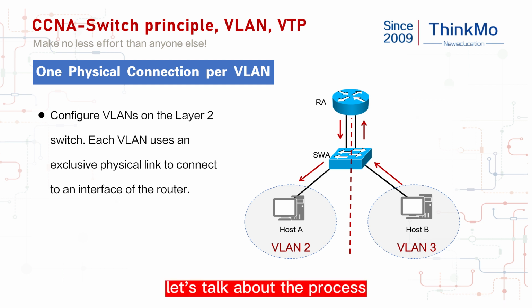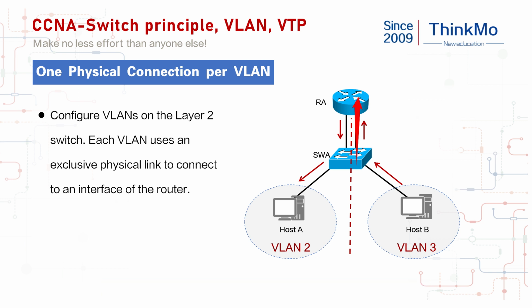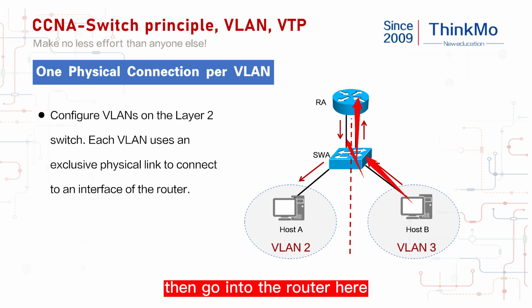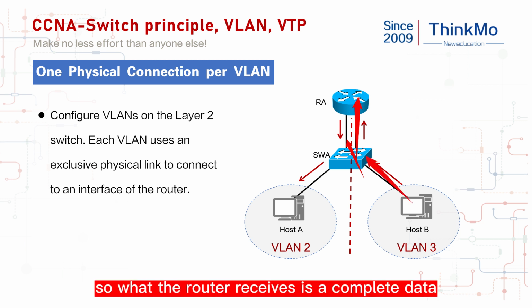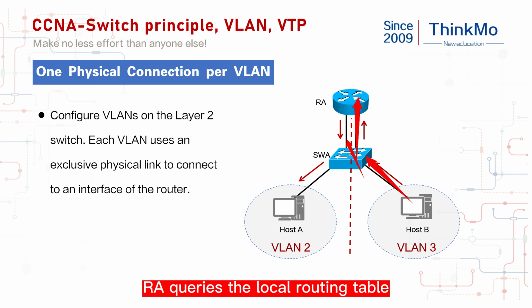Let's talk about the process. Traffic sent here, at the access interface, is marked with tag 3 and goes from here with tag 3. This is an access interface, so when it comes out, tag 3 is stripped off. Then it goes into the router here, so what the router receives is a complete data frame. It is going to the 2.0 network segment, so router A queries the local routing table.